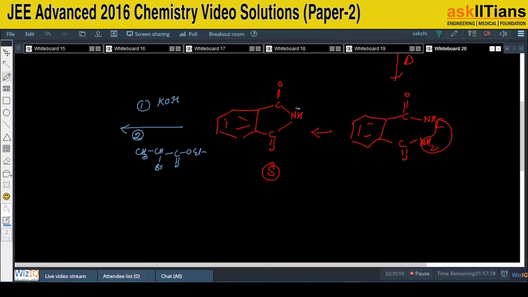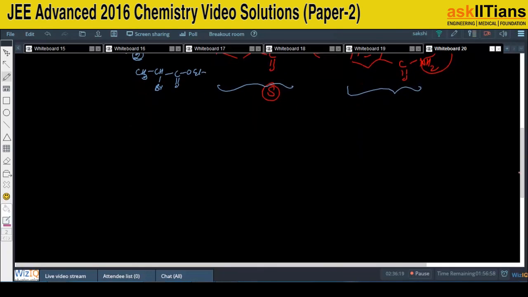First of all, it is going to form N minus K plus, the potassium salt of phthalimide. So this was phthalic anhydride. So this is phthalimide. And then N minus K positive is nothing but the potassium salt of phthalimide. Once I have the potassium salt of phthalimide, and I ask you to heat it, the compound so formed will be something like this.